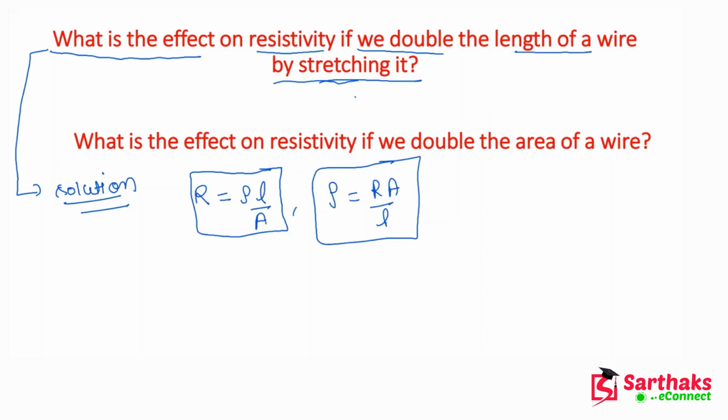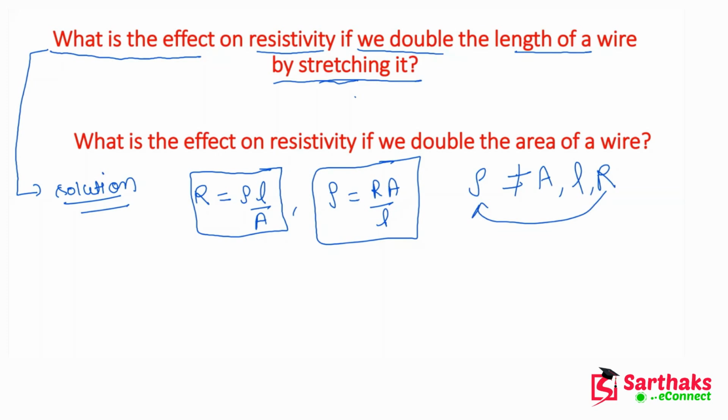But for your information, this resistivity does not depend on area nor length, nor resistance. Resistance definitely depends on resistivity, but resistivity cannot depend on area and length, or resistance.